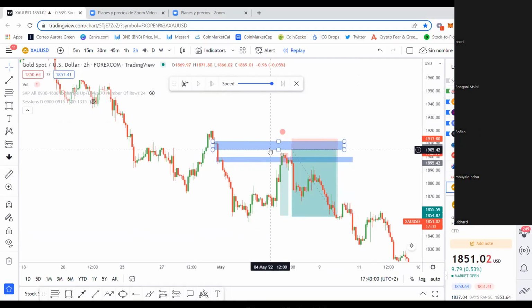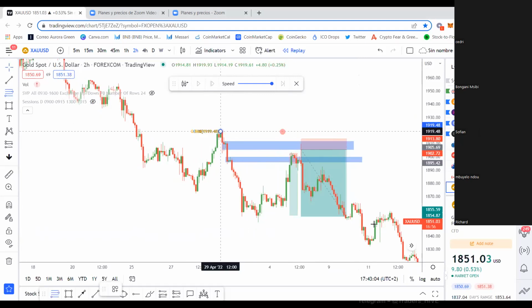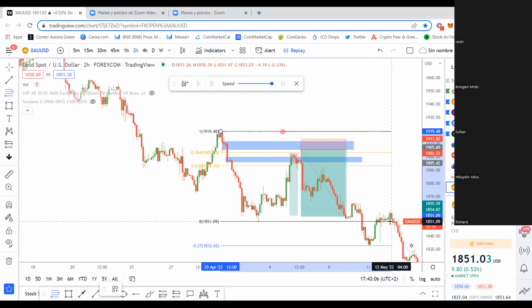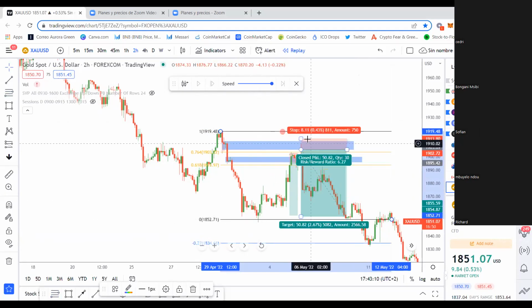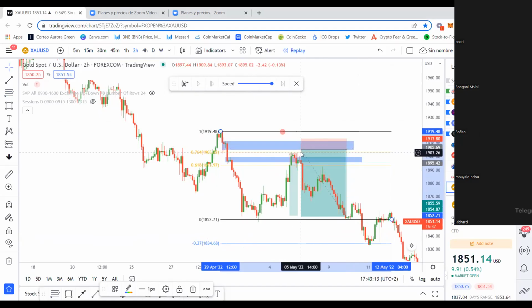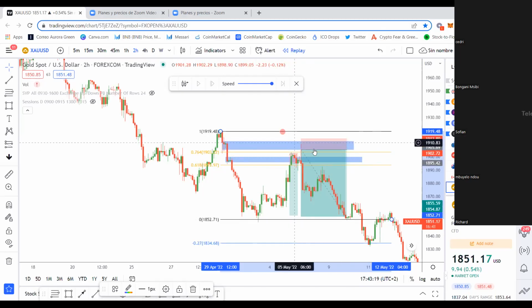And lastly, zones that can add other confluences like the Fibonacci. For example, from this bearish impulse, you can see Fibonacci; if we entered right here, it was pretty close to the zone, so it was a pretty good entry.